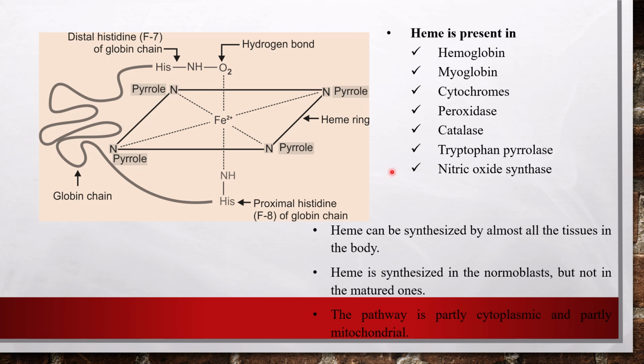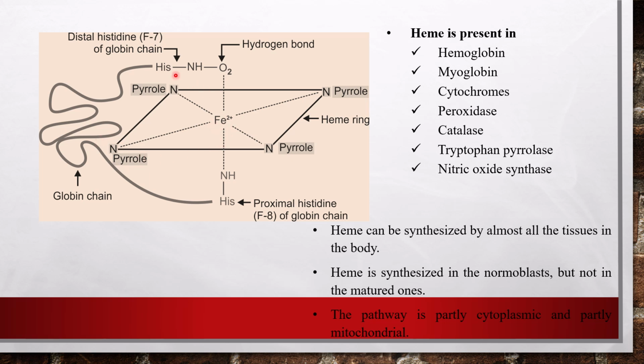So we can better see the structure of hemoglobin. The 4 pyrrole nitrogens have lone pairs of electrons coordinating with the iron. It has vacant d orbitals in which it accommodates electrons via coordination bonding.